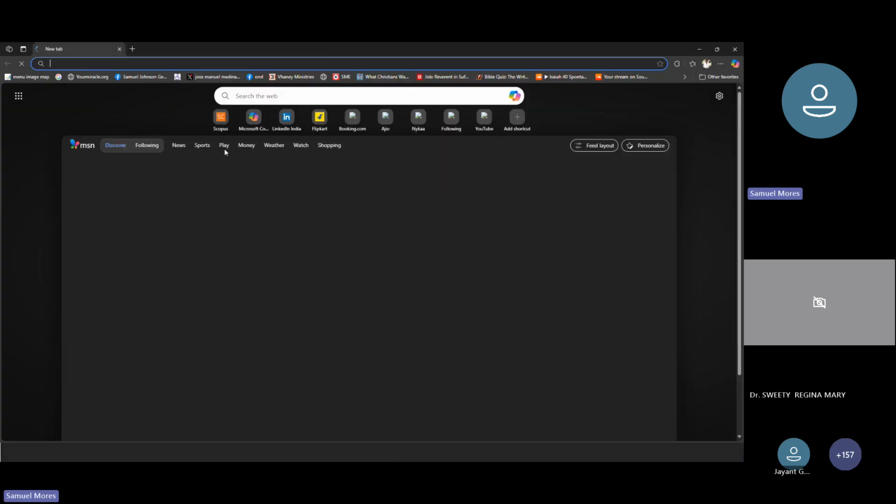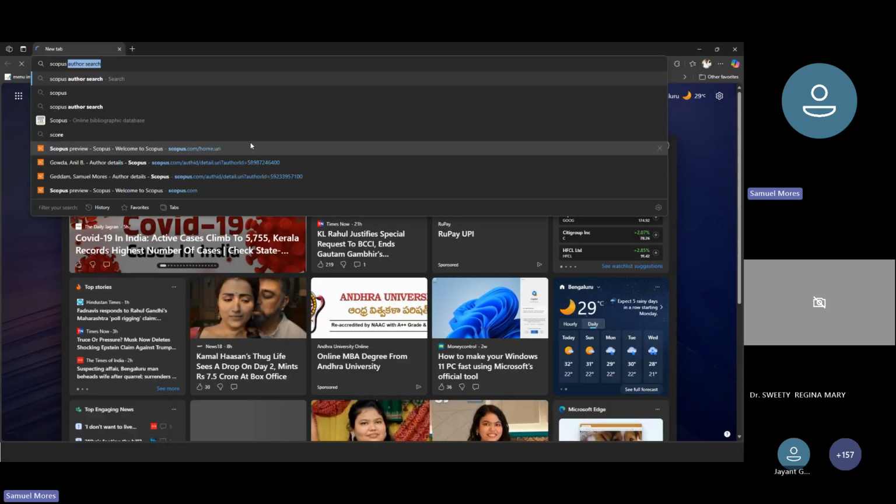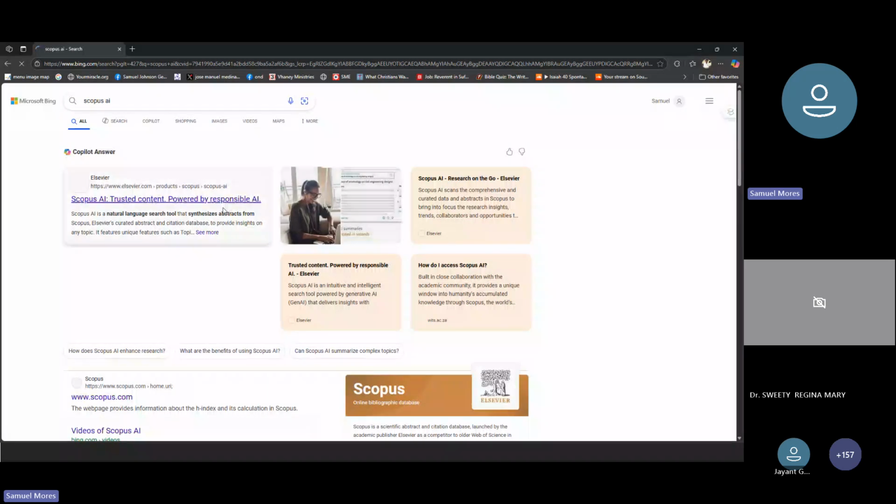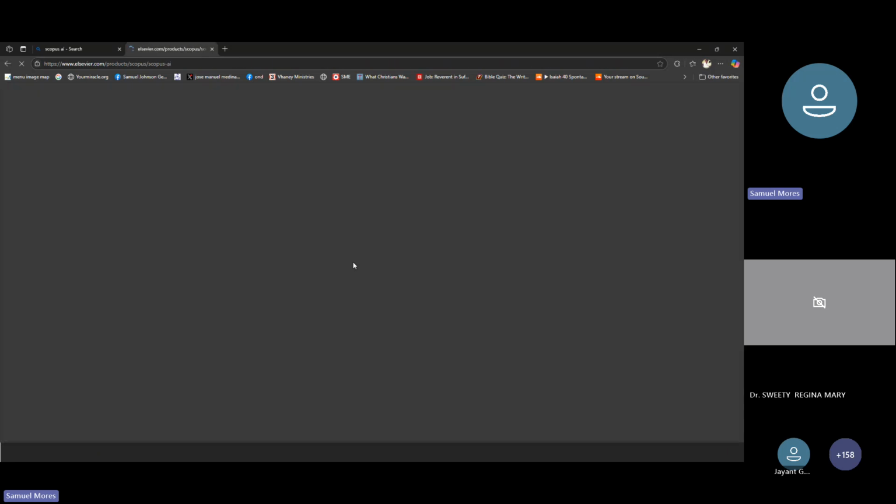Yeah, now Scopus AI has come where you can use the NLP model in Scopus website directly.